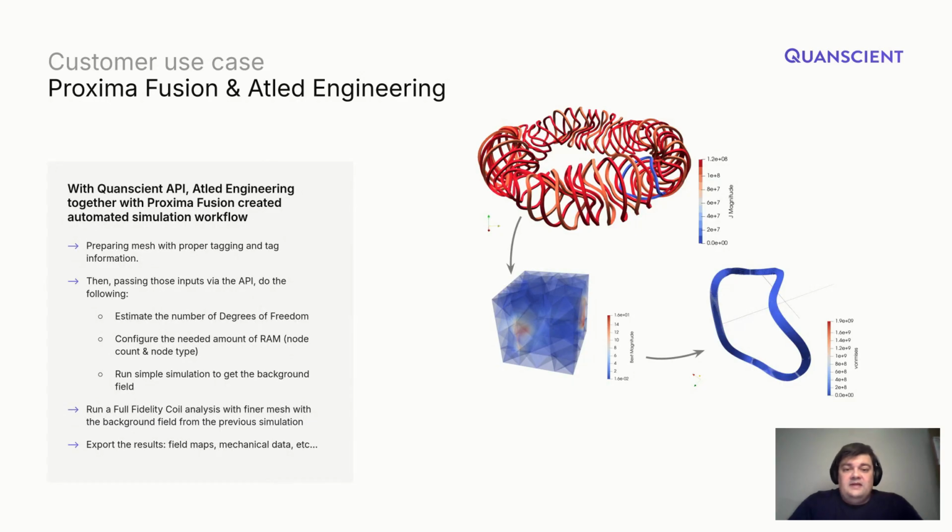Based on that background field, which they fed to the next simulation, they ran the full-fidelity coil analysis with a finer mesh, and with that they got results which they were able to automatically export and put forward in the post-processing pipeline.